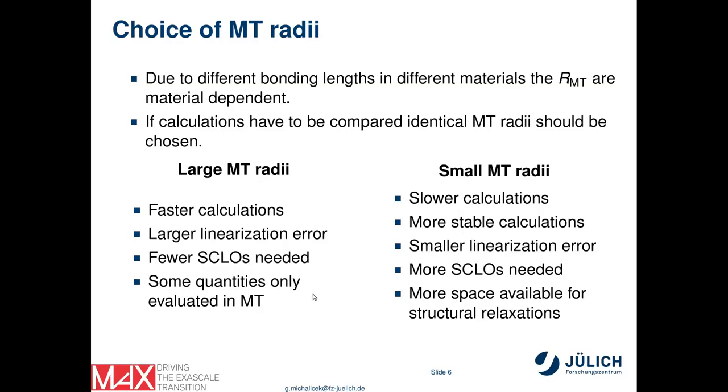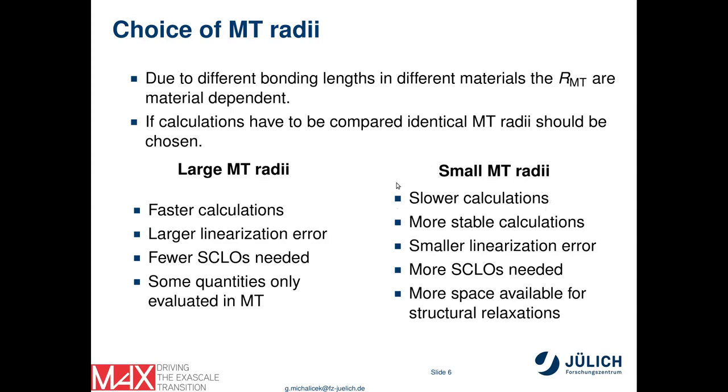You should also keep in mind that certain quantities are only evaluated in the muffin tin sphere, for example, the magnetic moments that we associate with a certain atom. And there are also good reasons to choose smaller muffin tin radii, but this is a bad reason.